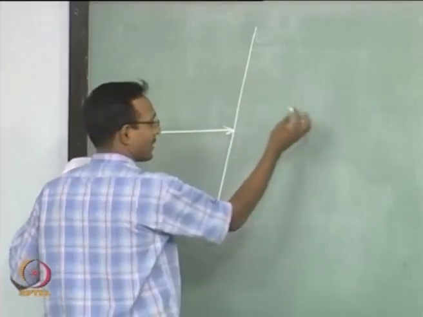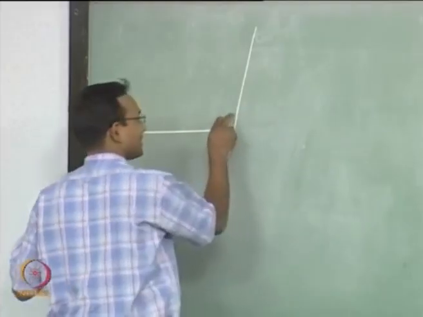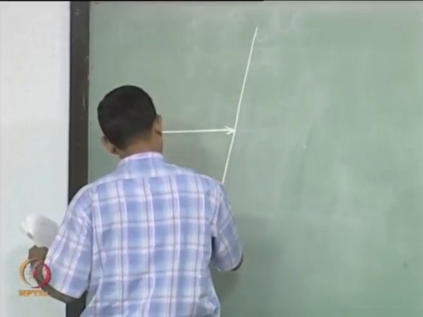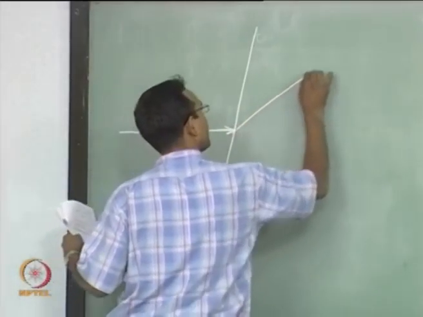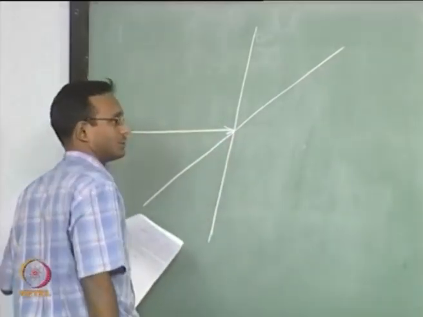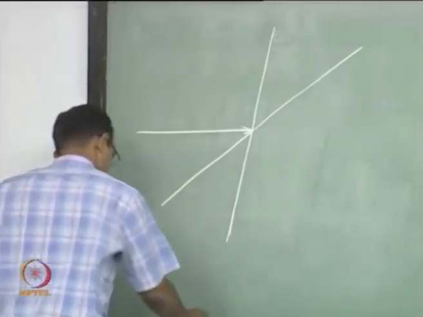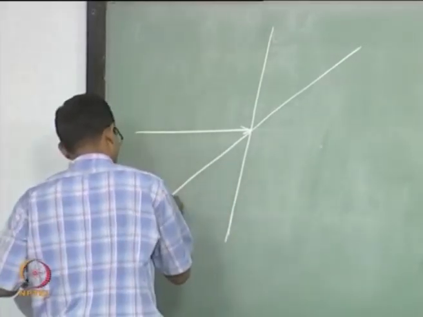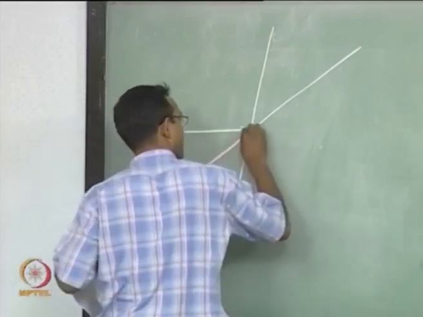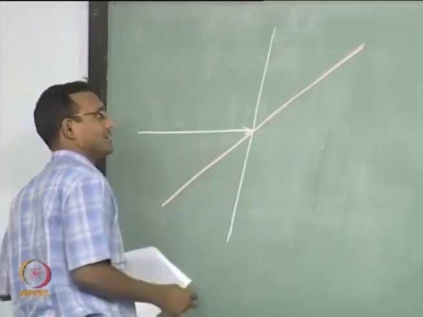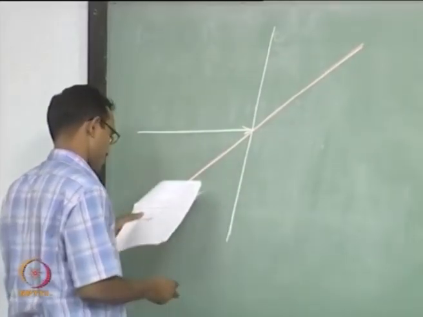I will draw one more shock angle that is lesser than this angle, let us call this the strong solution. Now, I will draw another beta, the weak solution. I have two solutions. Okay. The pink one is our weak solution, the white is our strong solution.